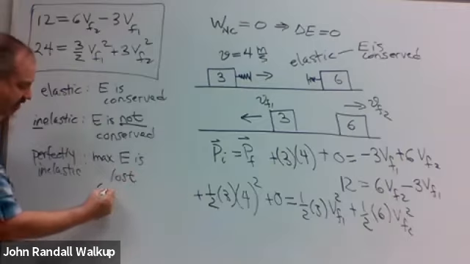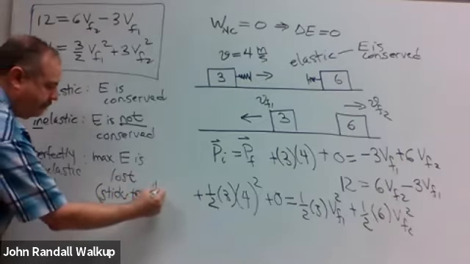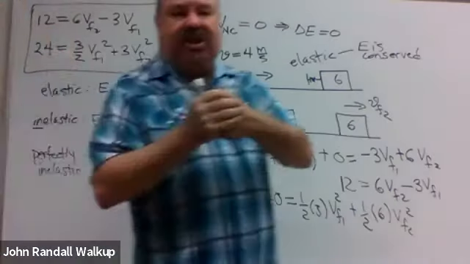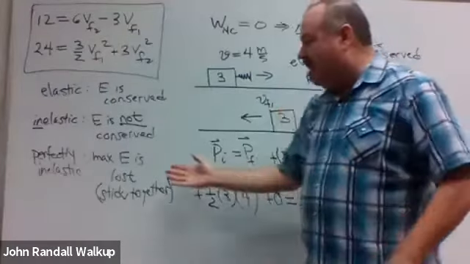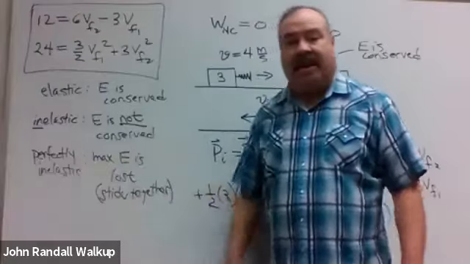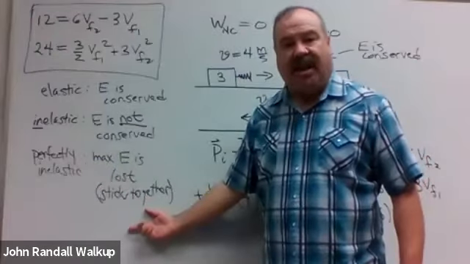You can think of it as sticks together. You can show that when 2 objects smack each other and stick together, the amount of energy that is lost is the maximum you can lose. That's called perfectly inelastic. But you can think of perfectly inelastic meaning this: the objects stick together.